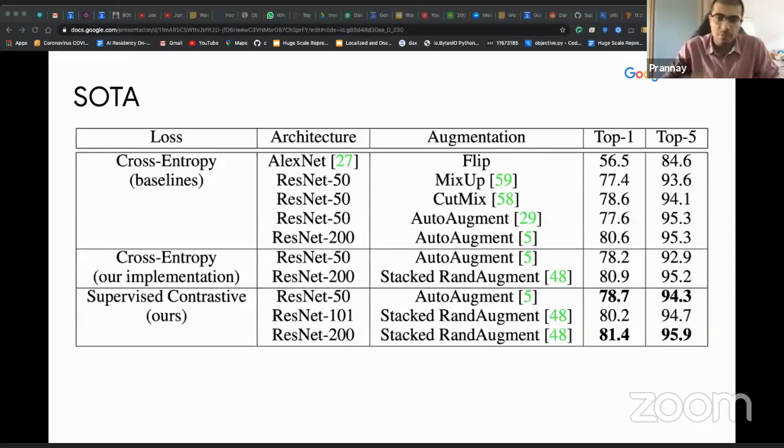So the second part of the question, and I don't know if I got this correctly, was why do these augmentations work well for contrastive learning? The idea is that augmentations are supposed to spread a single data point in the representation space.